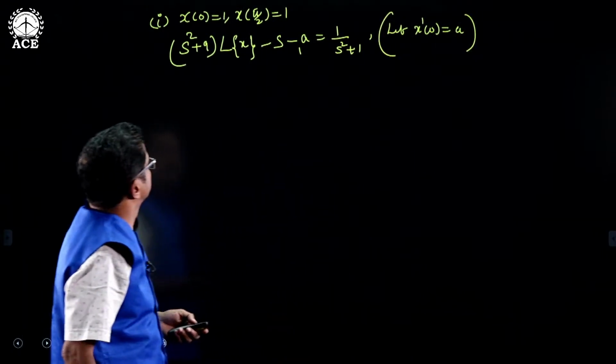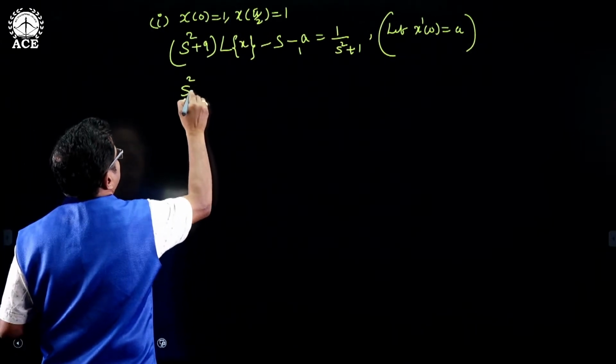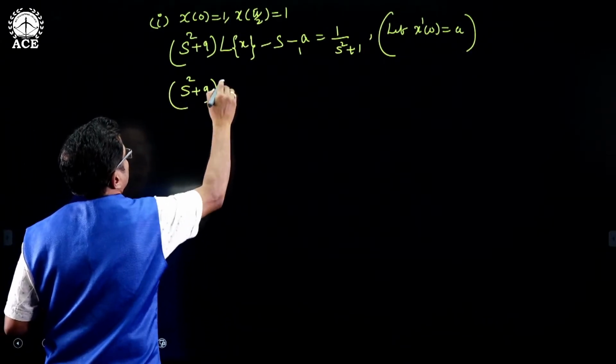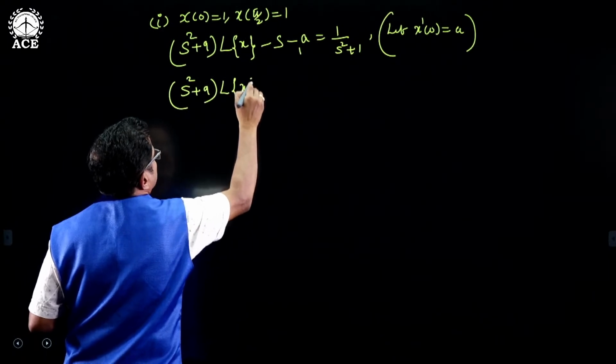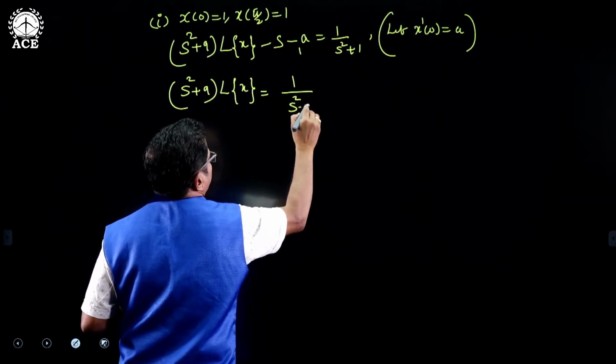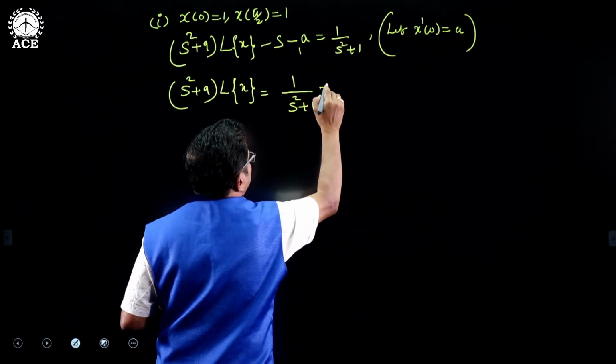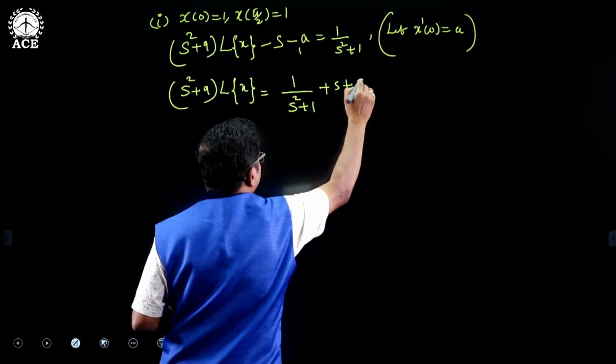Right. So now s square plus 9 into L of x is equal to 1 by s square plus 1. Taking minus s minus a to that side, it becomes plus s plus a.